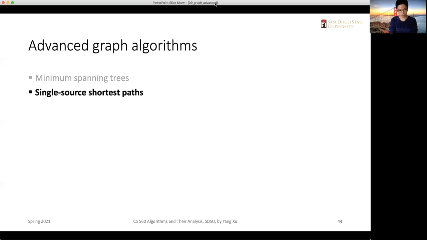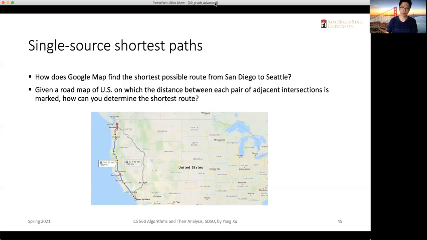So this single source shortest path problem is also an algorithm based on the weights of the data of the graph data structure. You can think of it from the concrete problem of finding the shortest path route between cities, right?